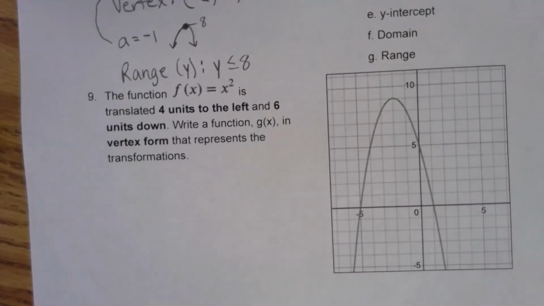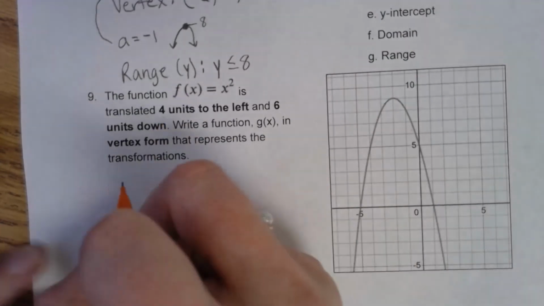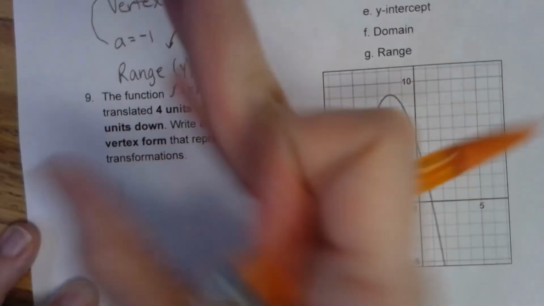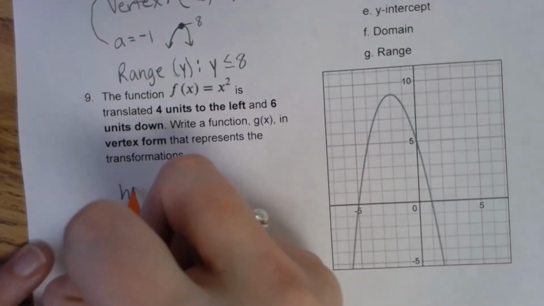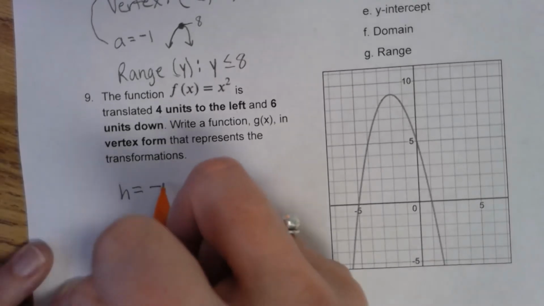Question number 9. The function f of x equals x squared is translated 4 units left and 6 units down. We're going to write a function g of x in vertex form. So first let's talk about 4 units to the left. If we had a left and right movement, that was an h value. So 4 units to the left, left would be a -4.